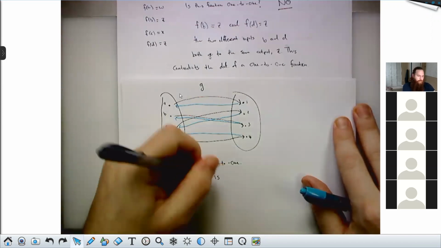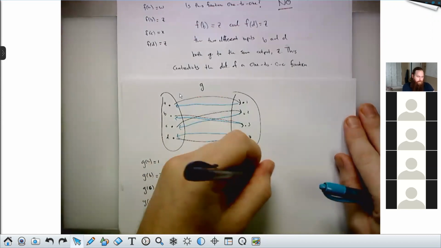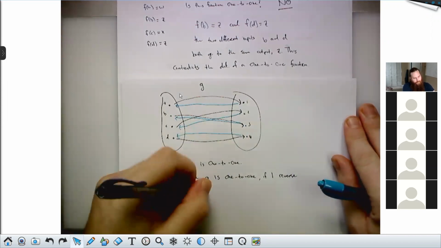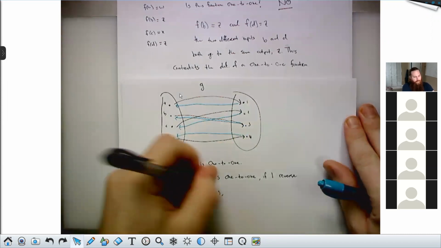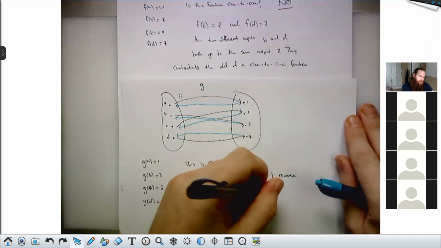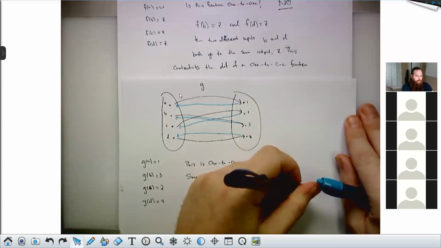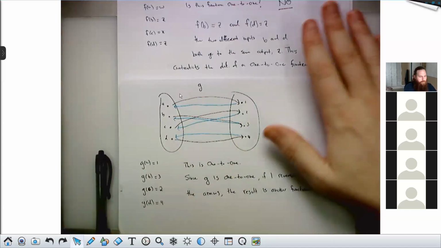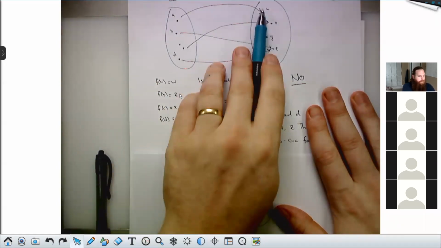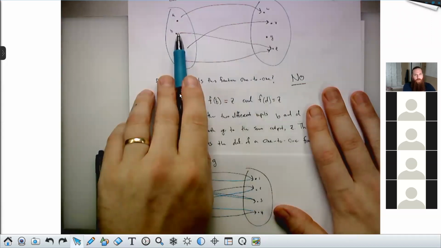Since G is one-to-one, if I reverse the arrows, the result is another function. What you see is if I tried to do that back here, if I tried to reverse all these arrows, the result would not be a function because the input here would be forked to two different outputs.